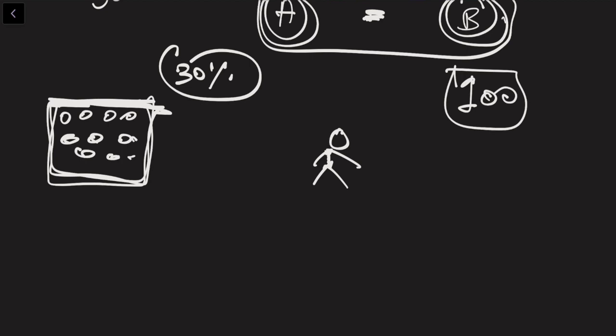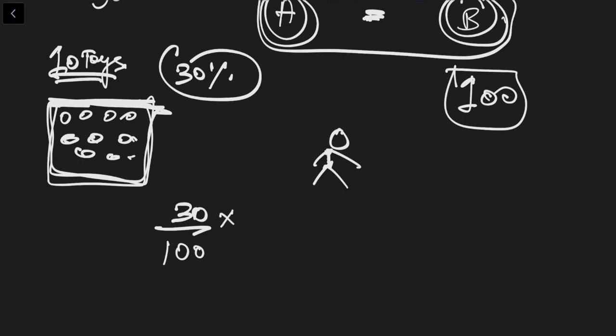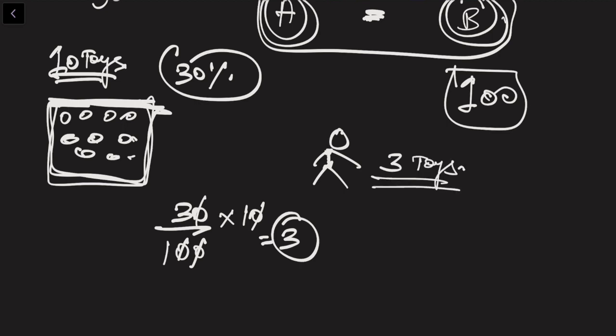All right, so at the moment he has 10 toys. So how many toys is he going to give to the kid? 30% of 10 is 3. So the kid will get 3 toys.